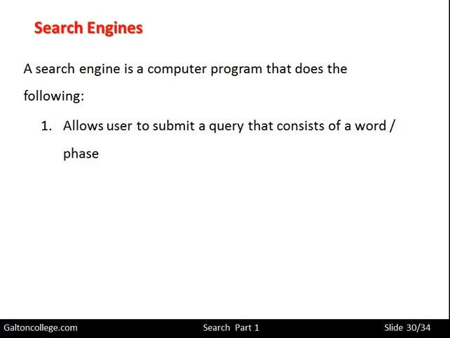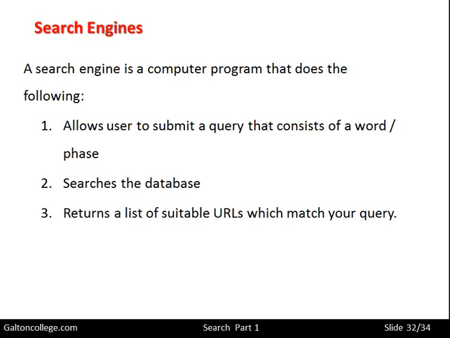So the search facility has become very, very sophisticated. But essentially what it does is it searches the database. It looks up a database to see what's there, a database of links. It returns a list of suitable URLs which match the query.